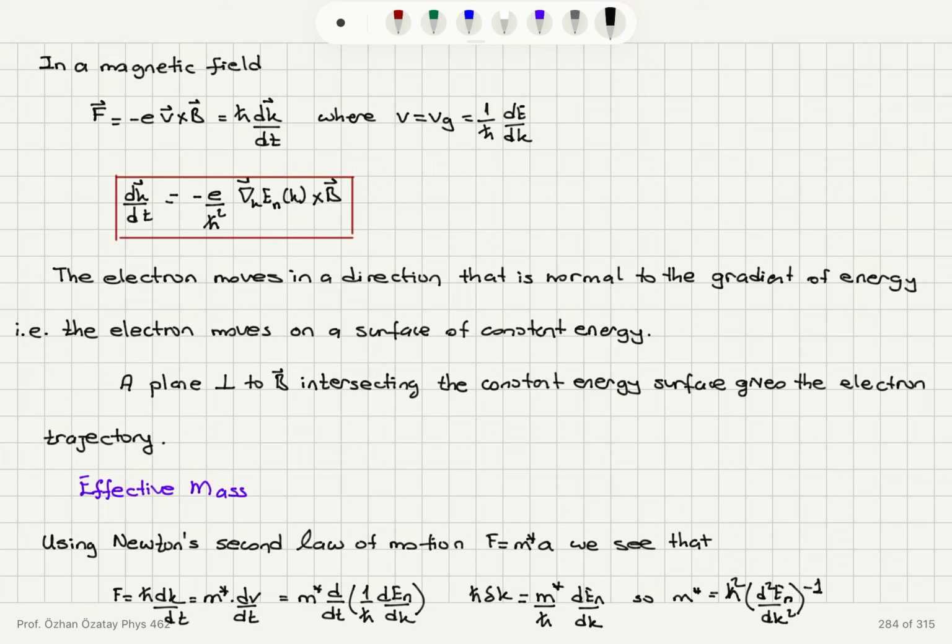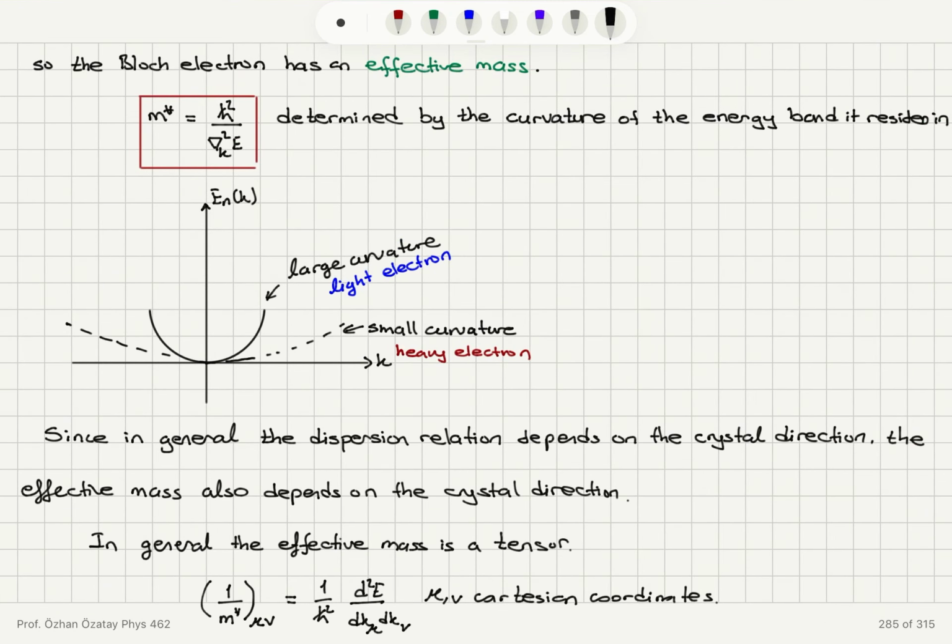On the other hand, using Newton's second law of motion, we see that the effective mass of the electron is given by h bar squared times 1 over the second derivative of the energy of the electron with respect to the wave vector k, so the effective mass is determined by the curvature, and the curvature changes with direction, so effective mass is direction dependent.